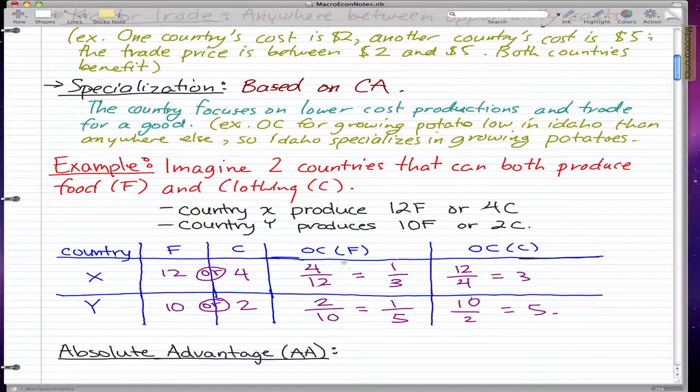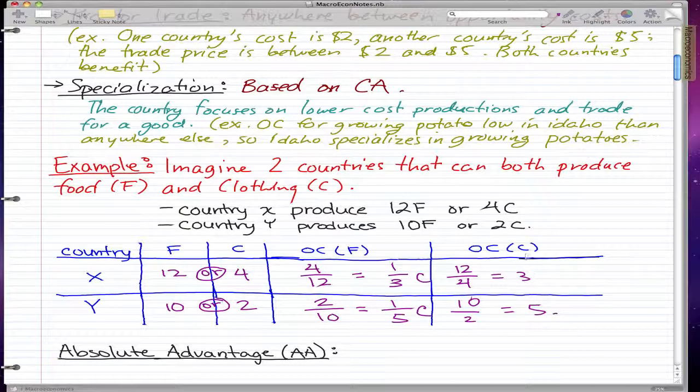So pretty much what we're saying here is, to get 1 more unit of food, we have to give up 1 over 3 clothing. To get 1 more unit of food, we have to give up 1 over 5 pieces of clothing. Now this part makes more sense rather than using fractions.